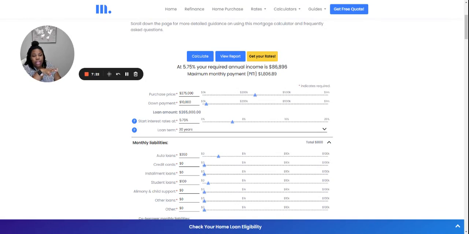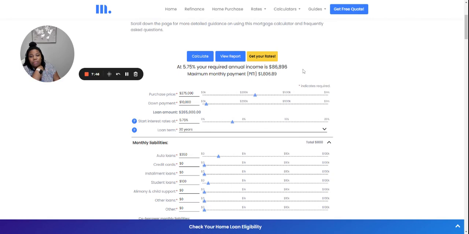That's not a guaranteed bill that you have to have. You can pay it down and change your whole liability. If you look here, that cuts the monthly liability to $800 a month. And now look at the required annual income, $86,000 for a home that's $275,000 if you only have $10,000 in cash. So again, don't look at the monthly payment.